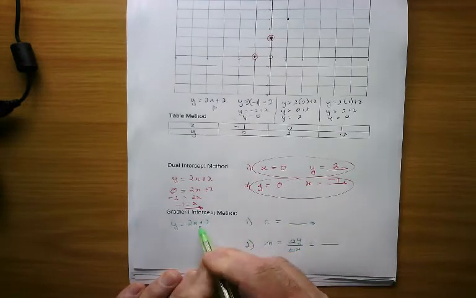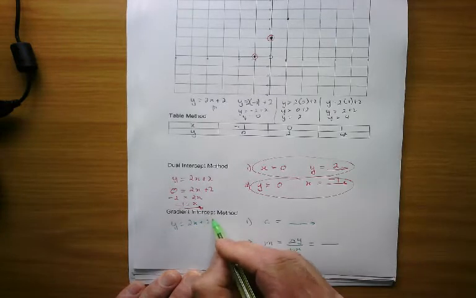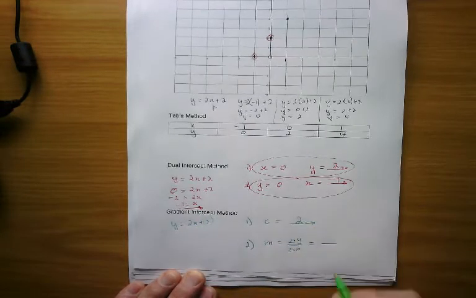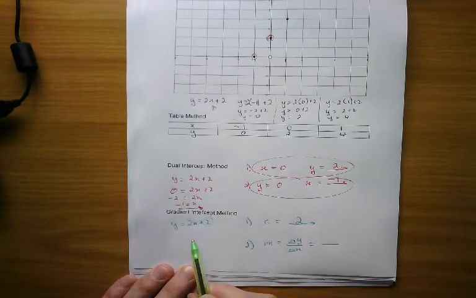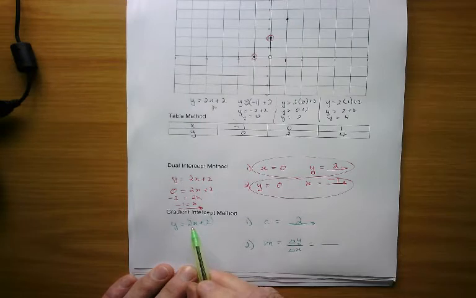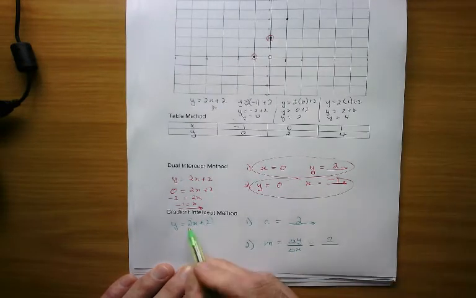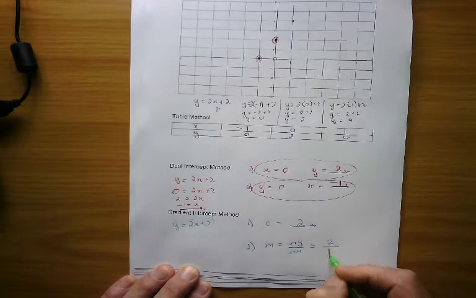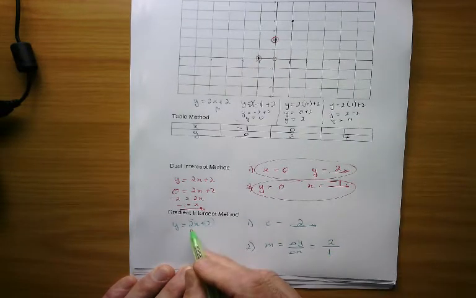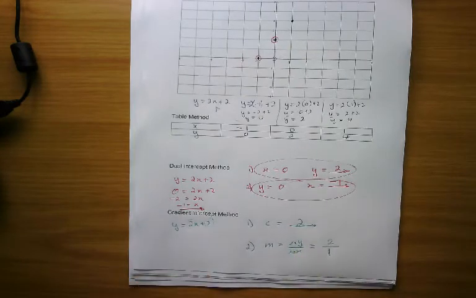Remember, this is in the standard form y is equal to mx plus c. That's your c. So we know that c is equal to 2. Then that's m, the number in front of the x, the coefficient of x is your m. The gradient there is going to be 2, and if I want to write 2 over another number, 2 over 1. So in other words, 2 over 1 is the same as 2. That's my change in y, and that's my change in x.